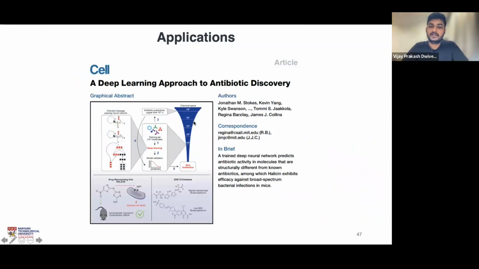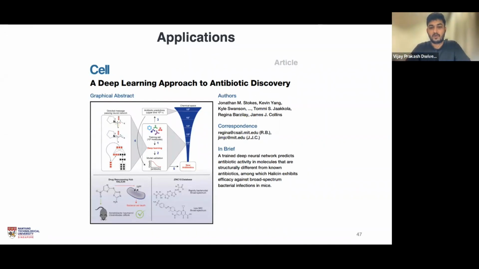Second, in 2020, an antibiotic was discovered using a GNN based model. Basically, it trained on a property that was important to be inhibited by a particular antibiotic.